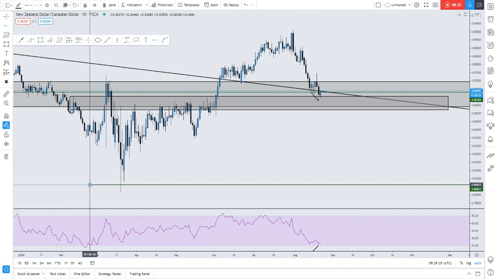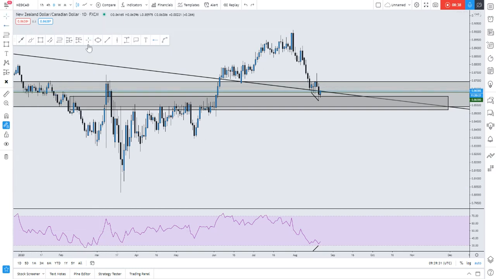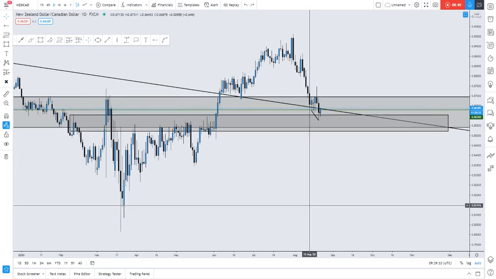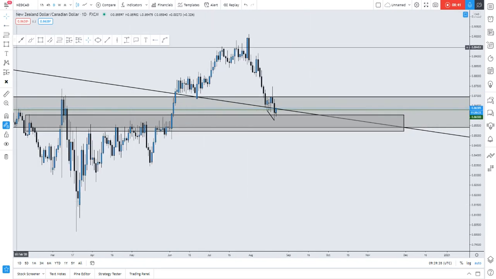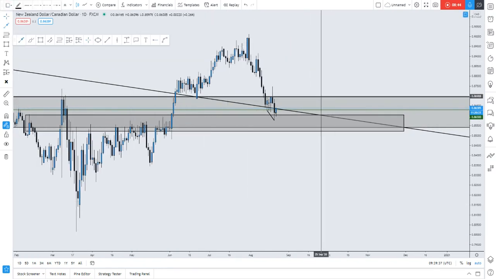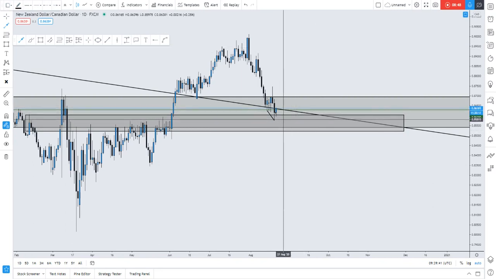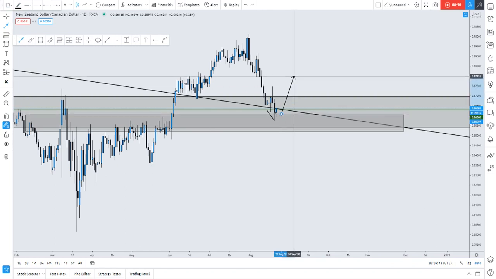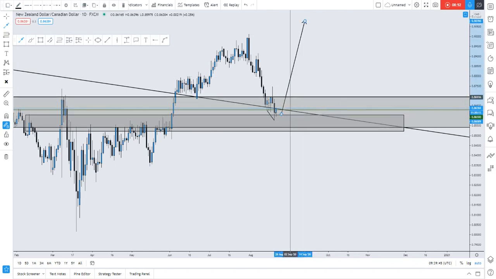So I can just take the RSI off my chart, and my sentiment is to go long on NZD CAD to the upside. So my bias is to go long on NZD CAD.